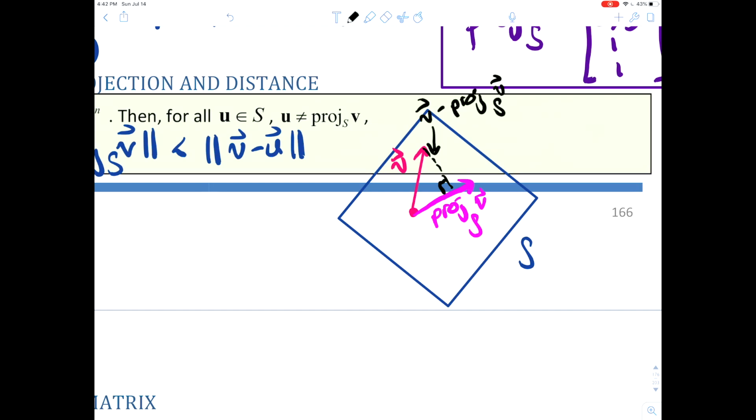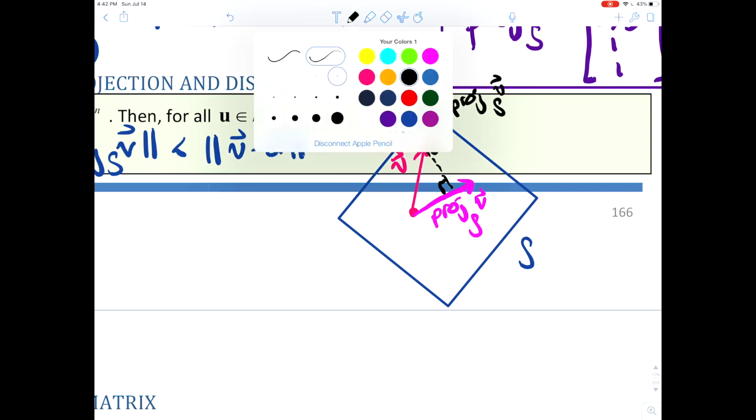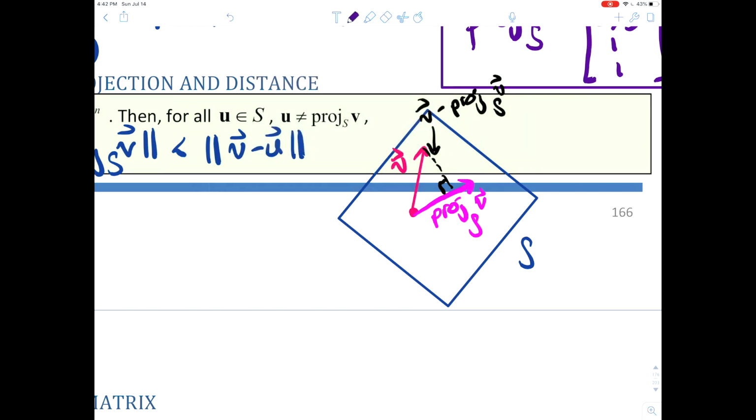And so what the theorem is saying here is that if you've got some other vector U, and it starts like here, let's say it starts here and continues out a bit.